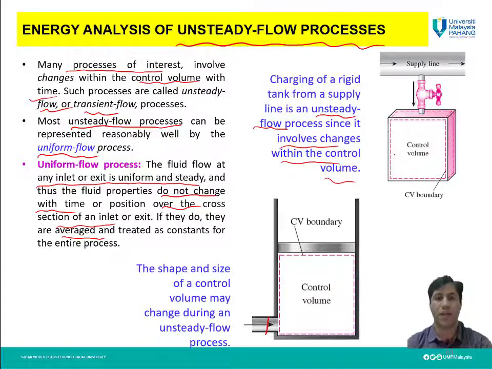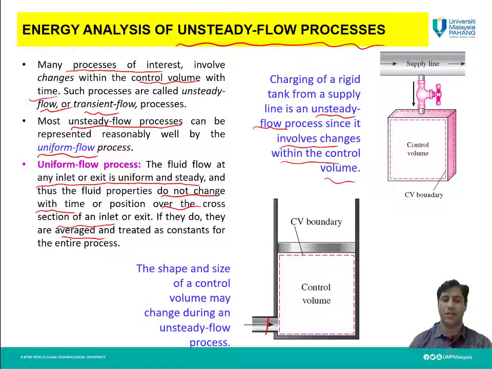Here we have a rigid tank. We may have a piston cylinder device. Then the fluid is coming to this piston cylinder, and we have a boundary work of this control volume. Here we don't have any work, but here we have work as the boundary work of our boundary.